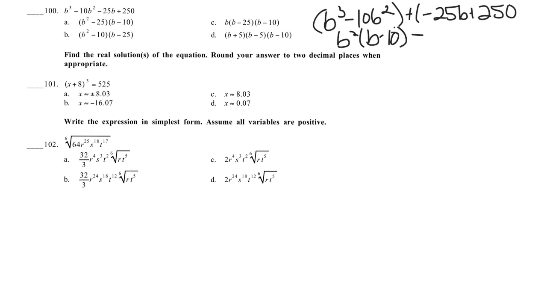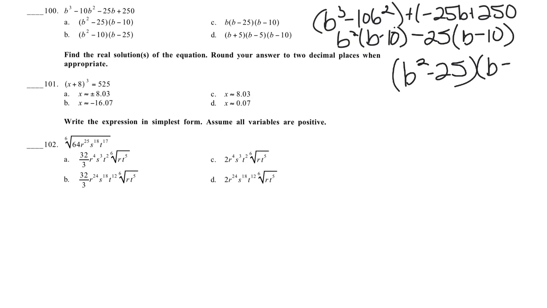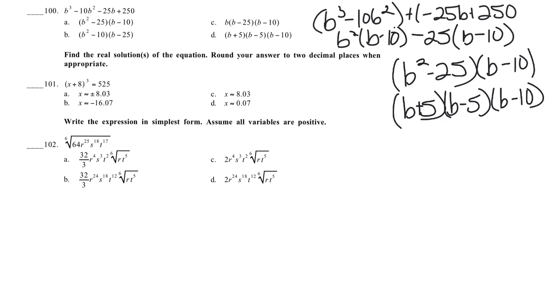And I'm going to factor out a negative 25. And I get b minus 10. So I have b squared minus 25 times b minus 10. And again, this is part of the factor completely part. This is b plus 5. We need to recognize those. b minus 5 times b minus 10. So that makes the answer D.